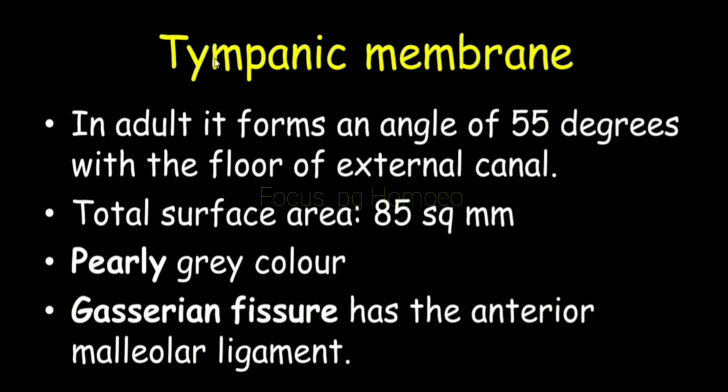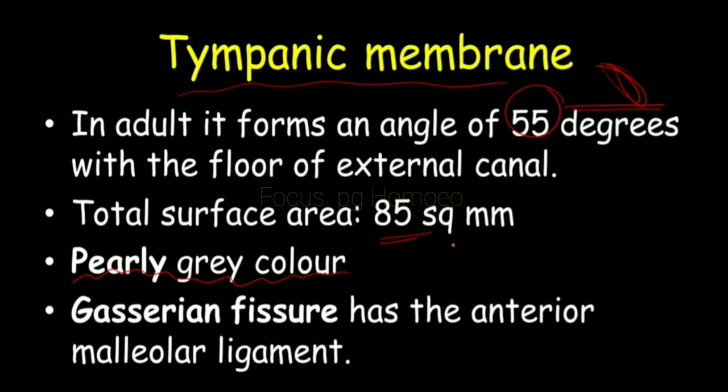Now comes the third part of the external auditory meatus. Here in adults it forms an angle of 55 degrees. You can imagine this degree, like this type of degree we can expect. So 55 degrees with the floor of the external canal, and the surface area is 85 square millimeter, and on examination you might have seen it is a pearly grey color.